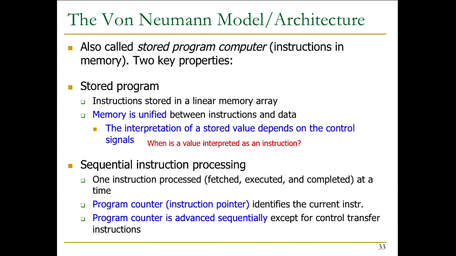That identifies the current instruction, and the program counter is advanced sequentially. It's incremented with the size of the instruction so that you go to the next instruction, except for control transfer instructions, of course. But control transfer instructions jump to some other part of the memory array, and they're still executed sequentially. Everything is sequential.